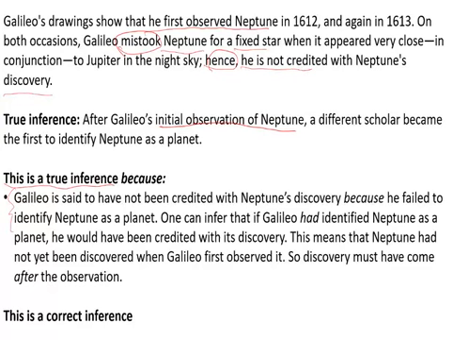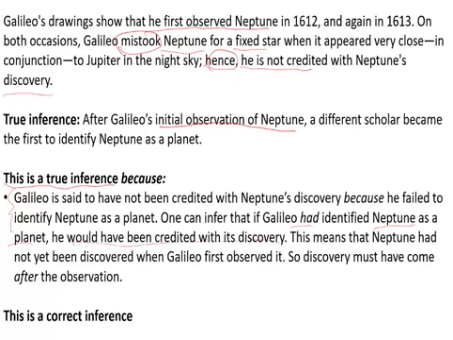So, that implies something kind of interesting. It says he failed to identify Neptune as a planet, but otherwise he would have been heralded as Neptune's discoverer. So, if Galileo had identified Neptune as a planet, if he hadn't made that mistake, he would have been the discoverer.